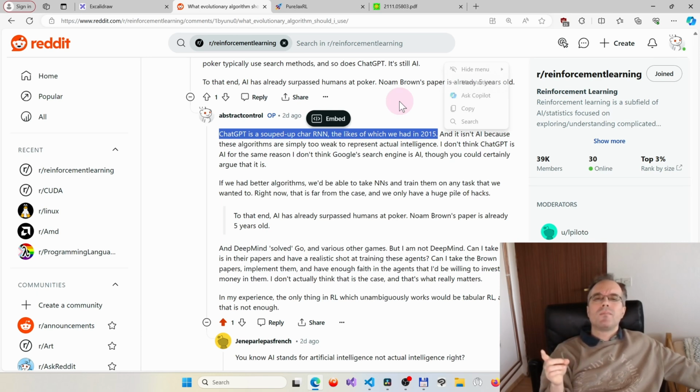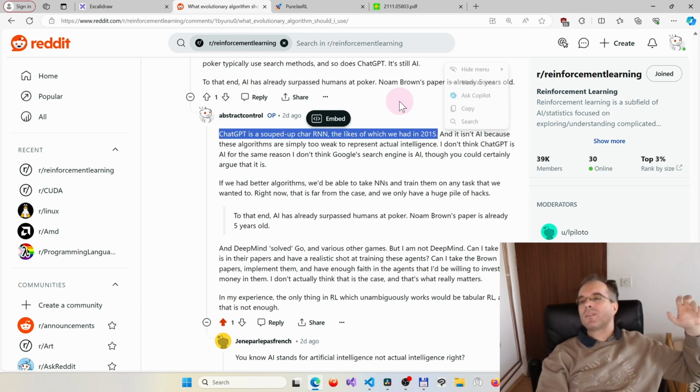Pure and simple, the algorithms themselves are simply too weak. That's what I want to say. With some different algorithms, like the ones that we'll have in the future, maybe in 10 years, 20, it's very likely that we're able to get human level AIs, even potentially on today's hardware.